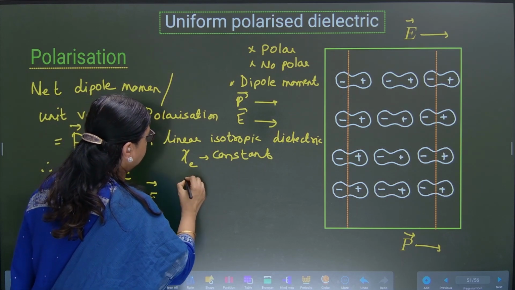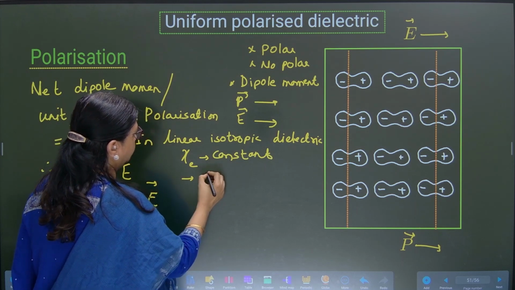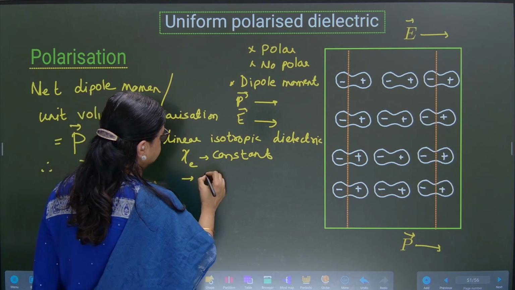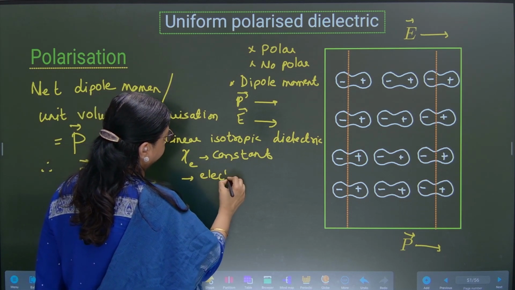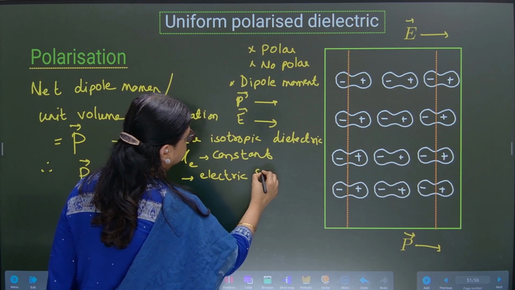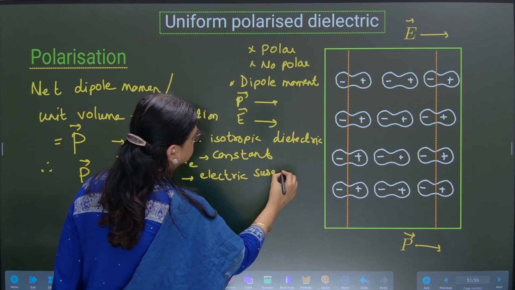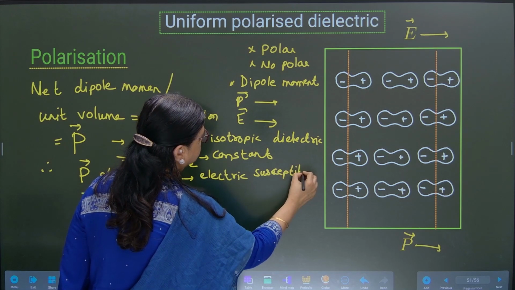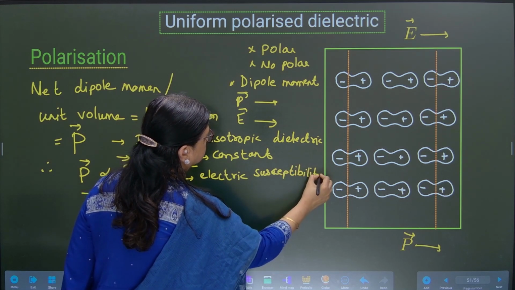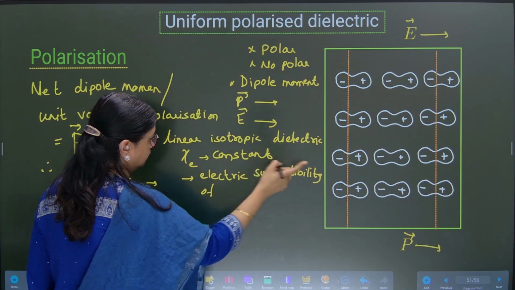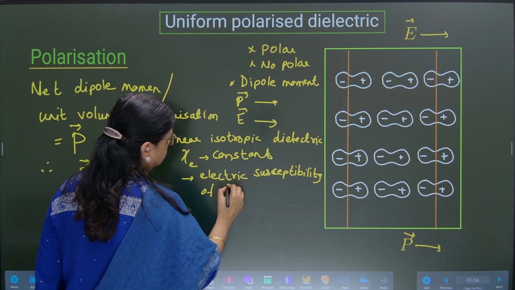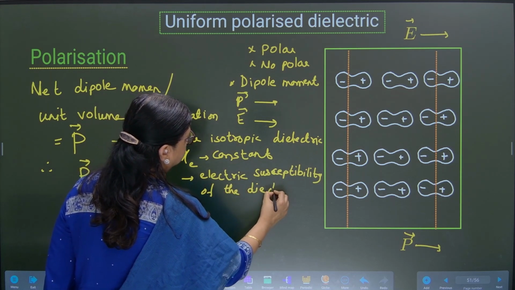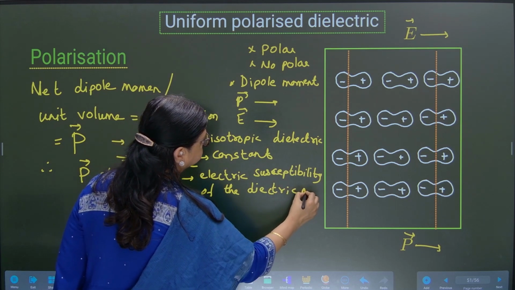Where chi E is called the electric susceptibility of the given dielectric medium.